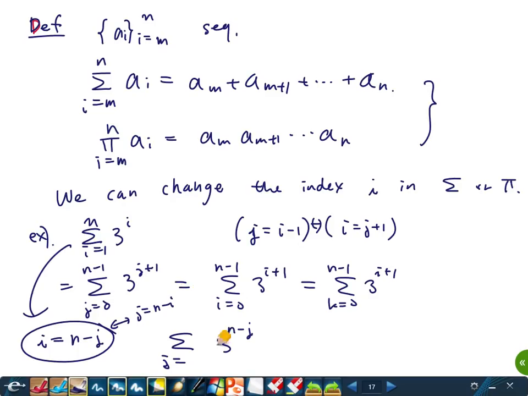You may try to write n minus 1 down to 0, but this is not the usual way of writing the sum. So when i is n minus j, j is from 0 to n minus 1, right? Because when i is n, j equals 0. When i is n minus 1, j equals 1, etc. So they are all the same, all equal sums.